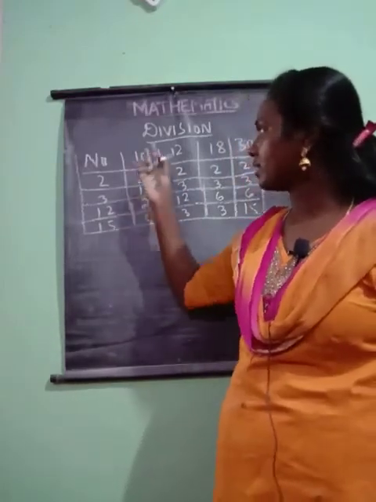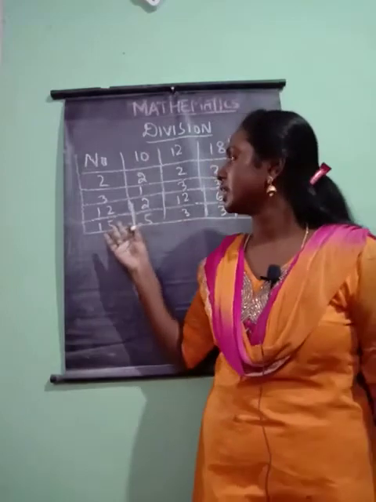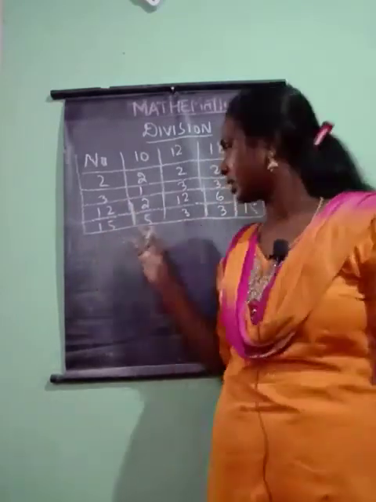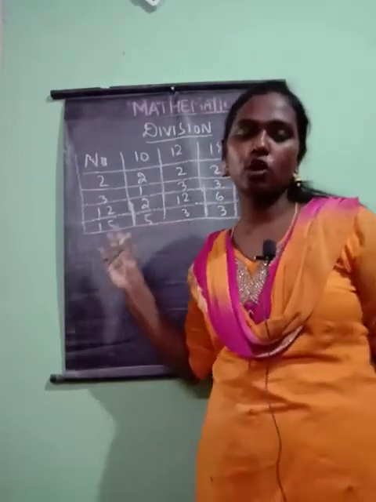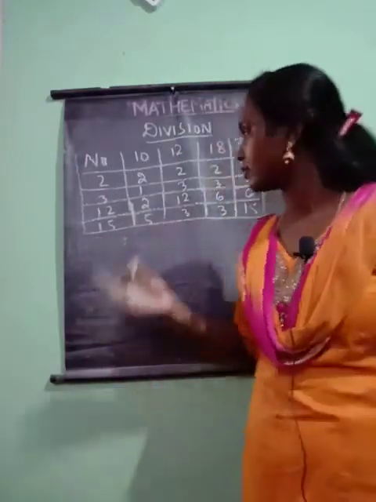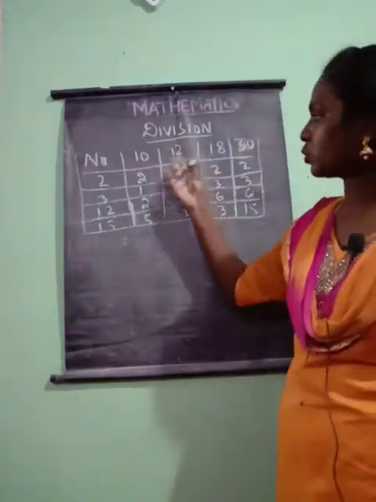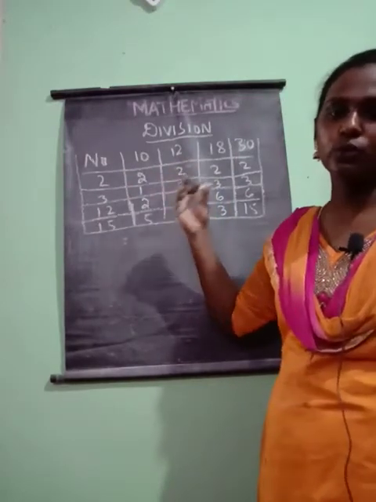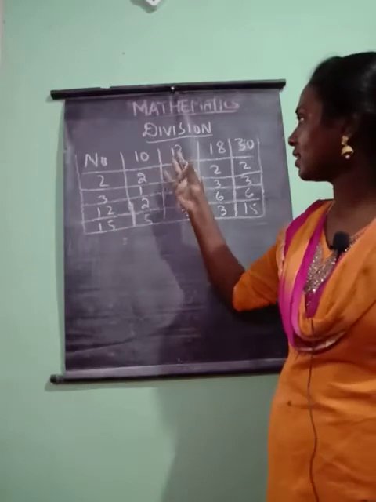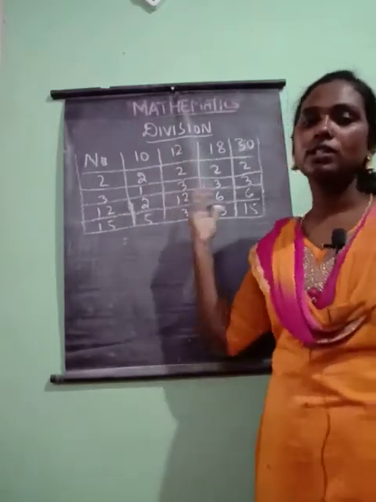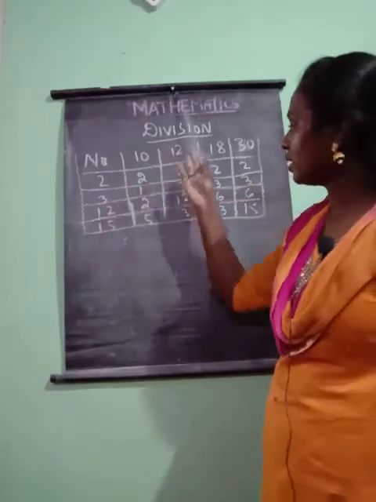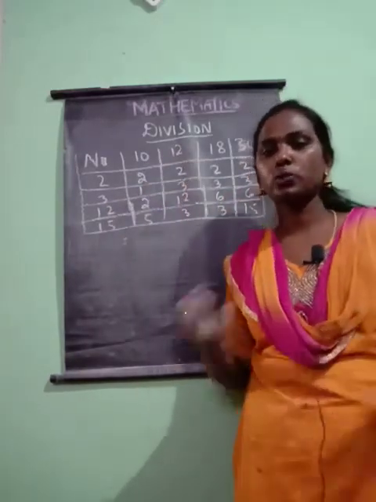Again for 15 and 10: 5 3s are 15, 5 2s are 10, so 5 is the highest common factor, that is HCF. For 2 and 12: 2 6s are 12, so 2. For 3 and 12: 3 4s are 12, so 3 is the HCF. For 12 and 12, 12 is the highest because 12 ones are 12.